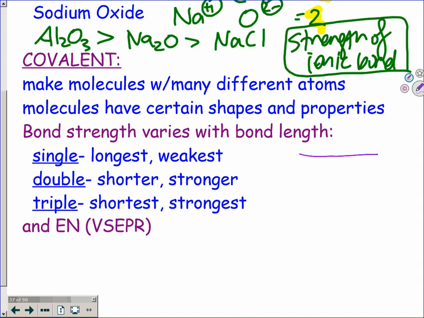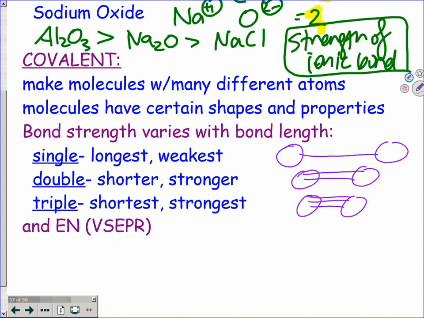With me, okay. So long single bond, and it's not so strong, but it's a long bond. As the double bond is forming, it's a little stronger because the atoms are getting closer together. And as the triple bond forms, it's even shorter and stronger because the atoms get closer and closer together. So who's the strongest bond in terms of covalent?